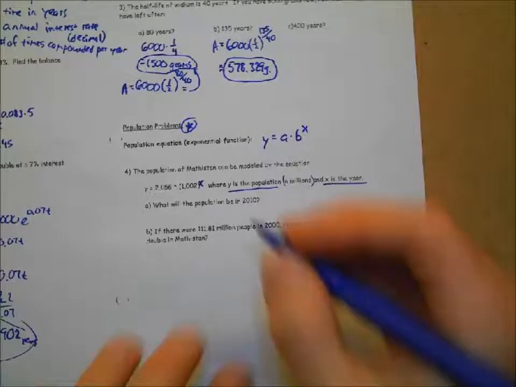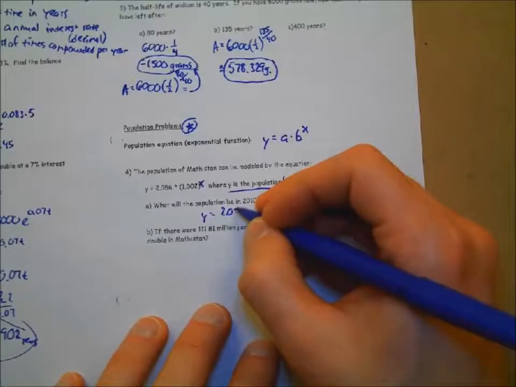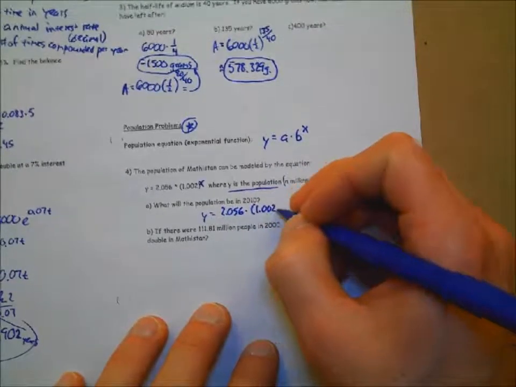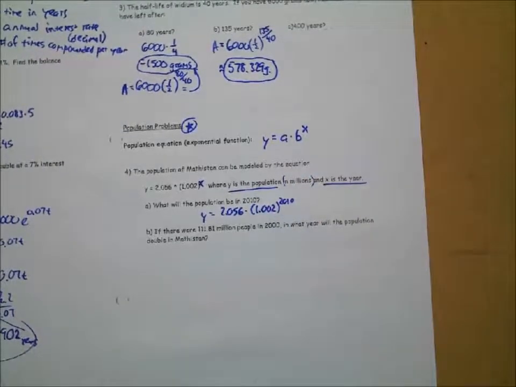So it's literally just y equals 2.056 times 1.002 to the 2010 power. Okay. So if you wanted to predict your population in 2025, for example, that's where you put the 2025 right there.